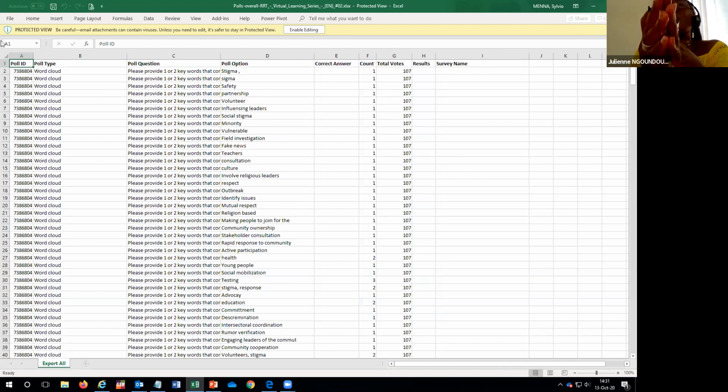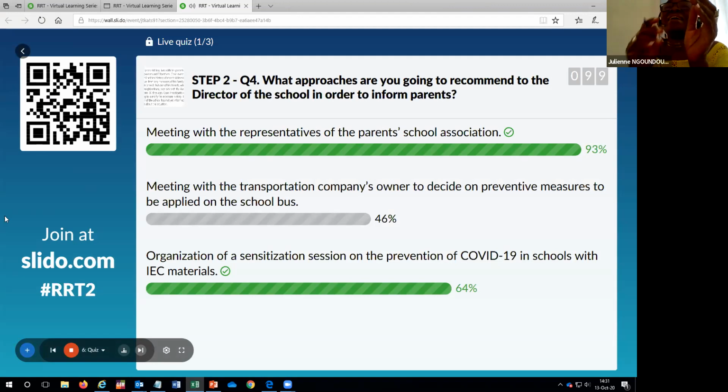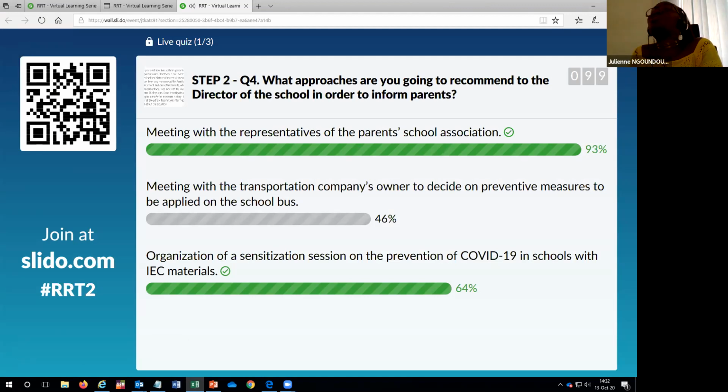I think the question was, how are they going to inform parents? This is only for parents. If they meet with the transportation company owner, maybe if he is also a parent, he will be met with the parents, because this is a meeting organized by the director of the school to talk to the parents.